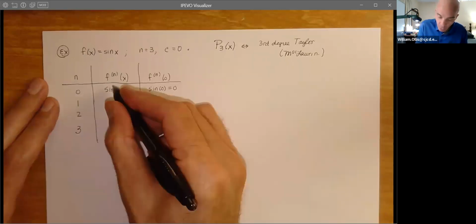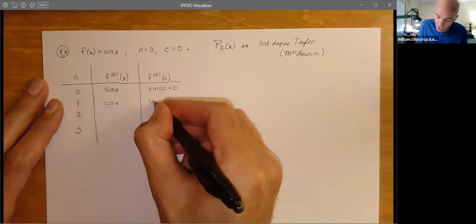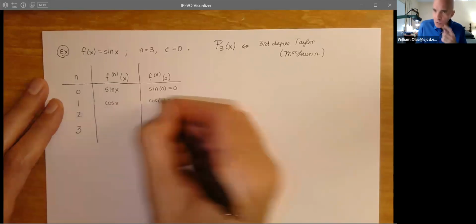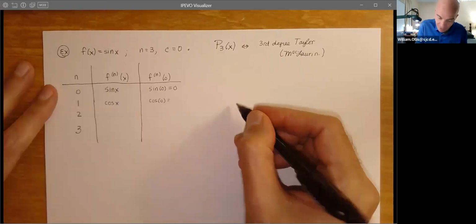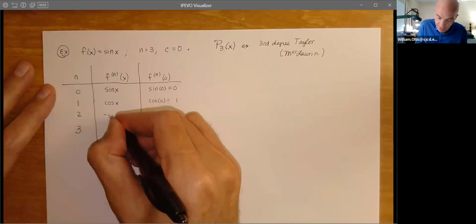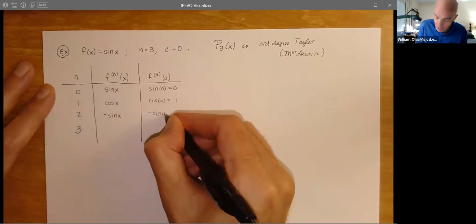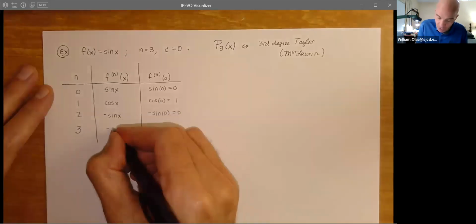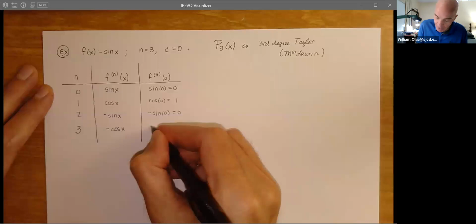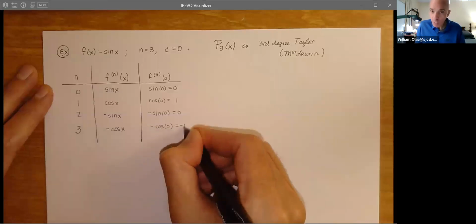The derivative here will be cosine x, cosine of 0. So this is where we tabulate things because we just have more stuff. That's 1. Then we have negative sine x. Negative sine of 0 is 0. And then another derivative, we get negative cosine x. And negative cosine x of 0 is negative 1. So this will give us what we need.